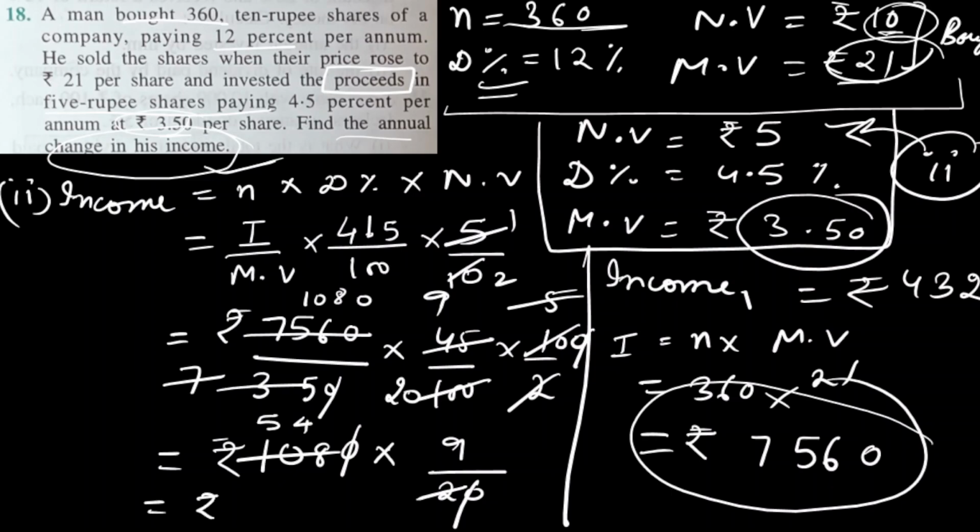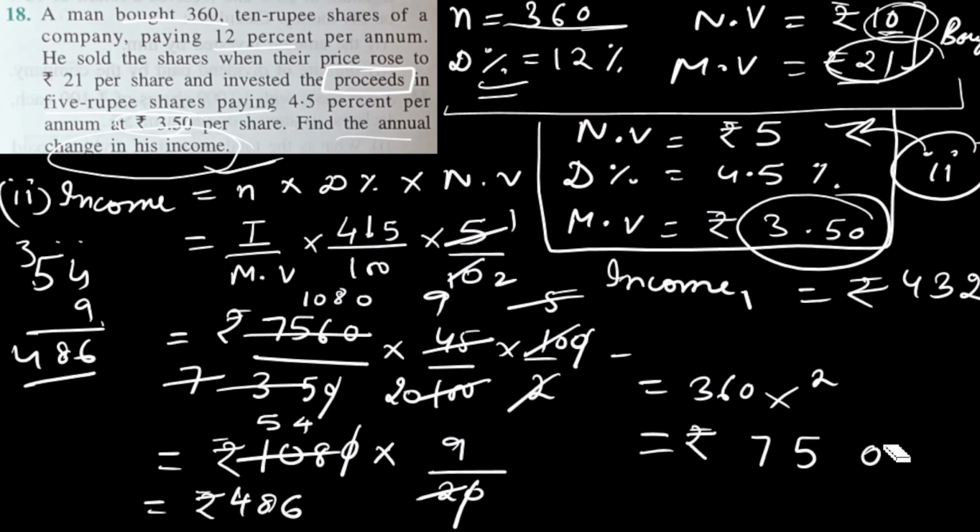So now we can multiply 54 into 9. 9 into 4 is 36, 45, 48. So this is 486. I have got 486.